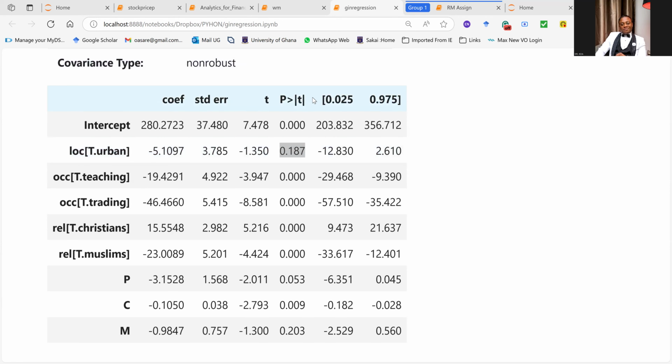Yes, Doc. So the location is not significant because it is greater than the p-value, which is 0.05 at 5% confidence interval. So at 5%. What is your conclusion?